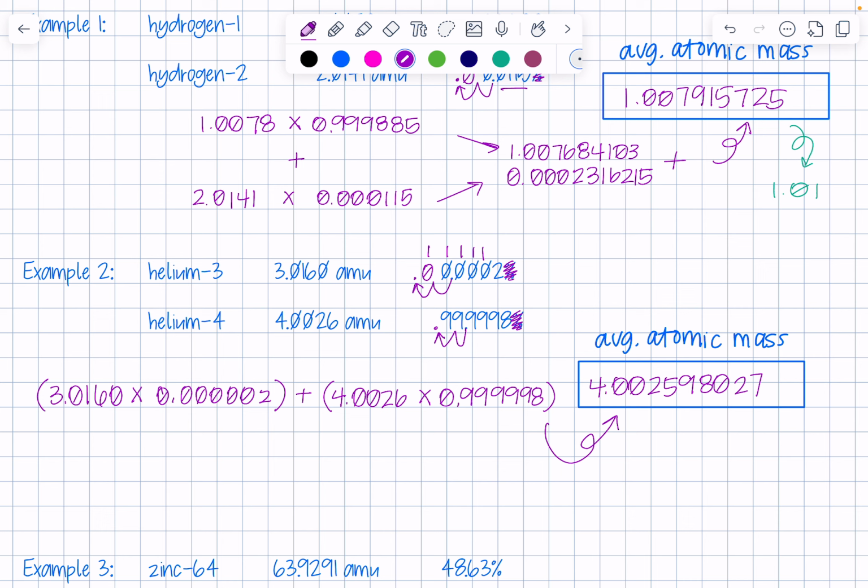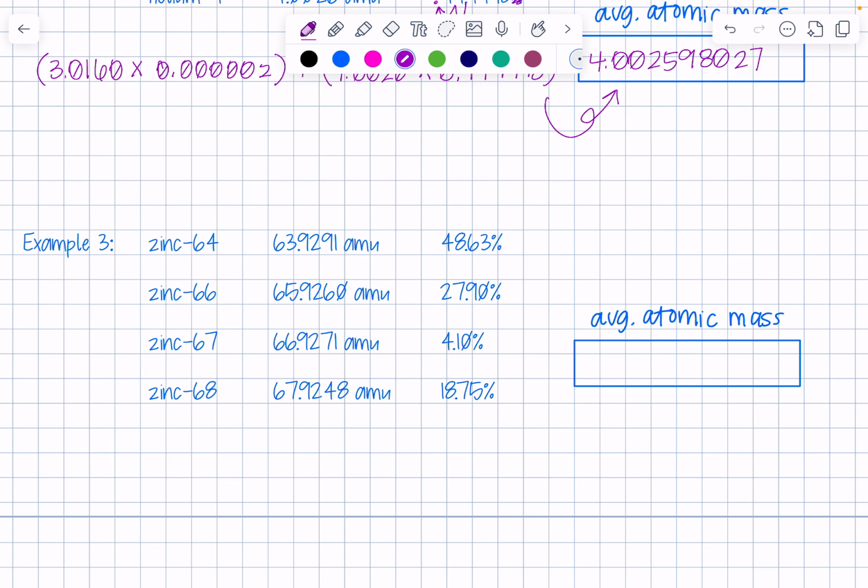You just use a new set of parentheses for each of the isotopes. All right, so the final example that I have for you here is for zinc. There are 4 isotopes of zinc in the sample that we are talking about here. So each gets a set of parentheses, and then we just add them all together.